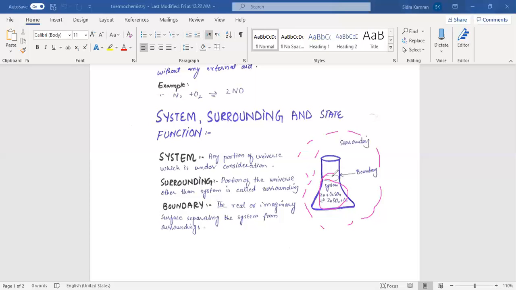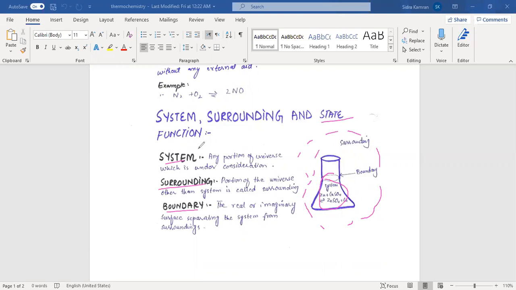Sometimes there is an imaginary boundary for the system. So the boundary, imaginary or real, separates the system from the surrounding. These things are very important to understand the heat loss or heat gain during thermochemistry: system, surrounding and the boundary.